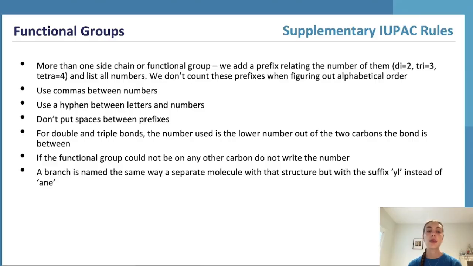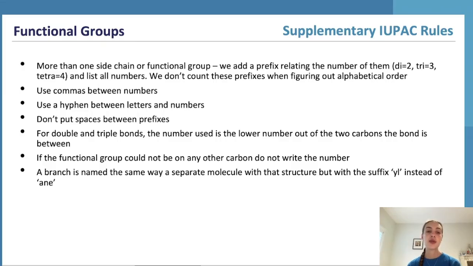It's also important not to put spaces between prefixes. If you had a methylpentane molecule with the methyl on the second carbon, it would be 2-methylpentane, with no space in between, just methylpentane as one word.